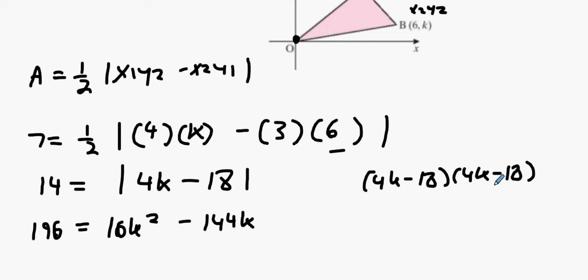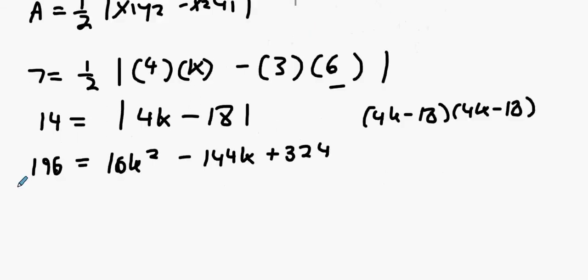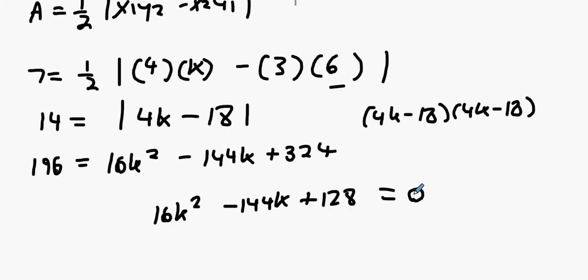And then 18 by 18, no idea. 264? 324? Right, let's keep going. 16k squared minus 144k. And what's 324 take away 196? 128.